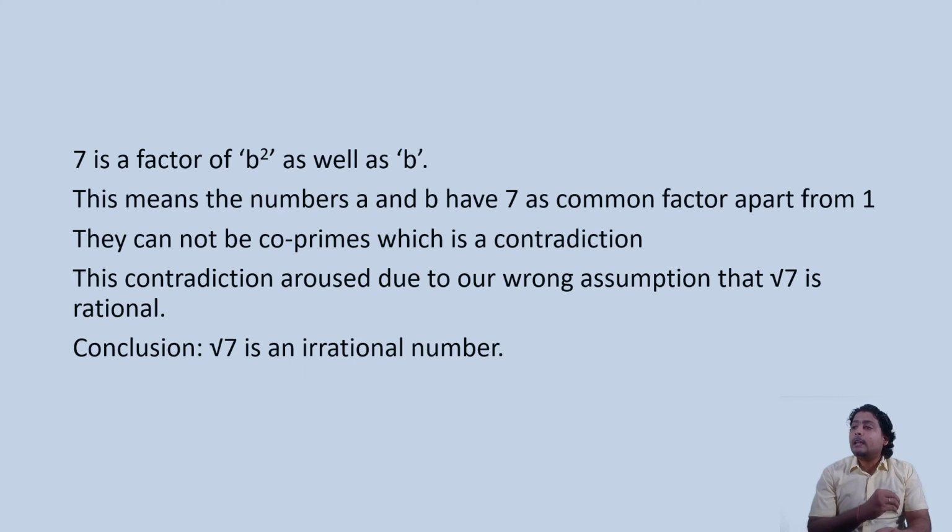So in a very proficient way, we have proved that our number root 7 is irrational. Alright guys, so hope you understood how to prove that a given number is irrational. Now let me give you a tip that the root of any prime number is irrational.